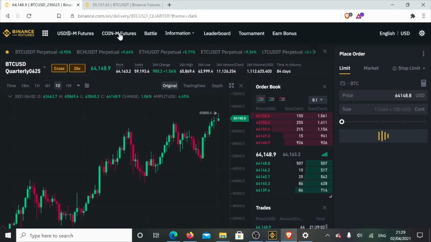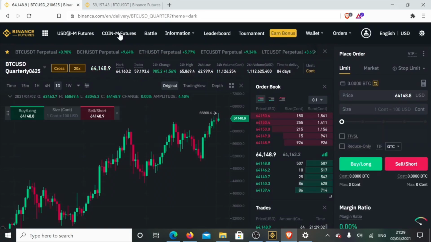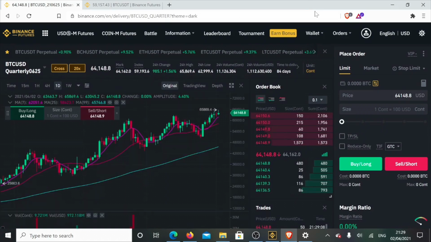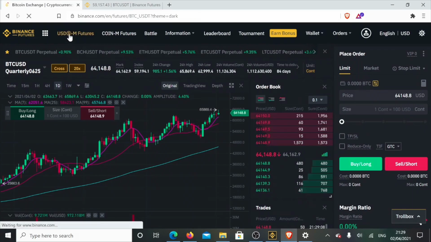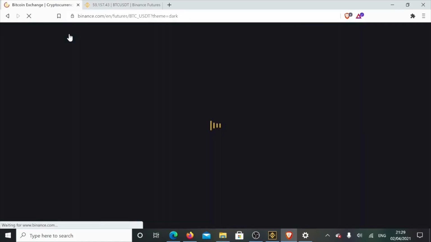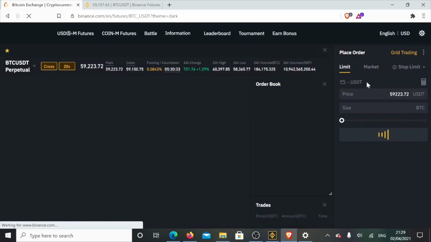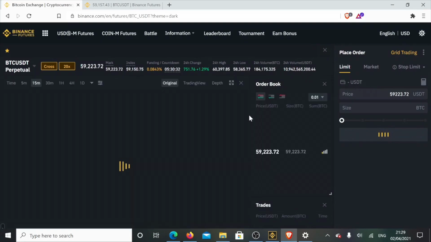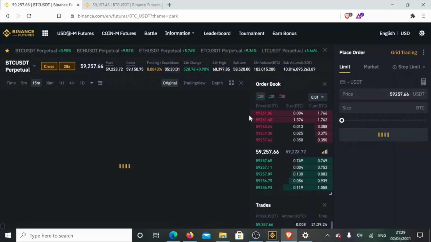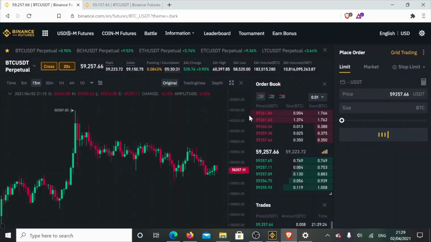You need to first get the coin, then transfer it directly to your futures account. So you can see here, denomination is in BTC, whereas in the USDⓈ-M Futures, denomination will definitely be in USDT. Yes, you can see that here. Okay, so that is the major difference between the USDⓈ-M account and the COIN-M account.